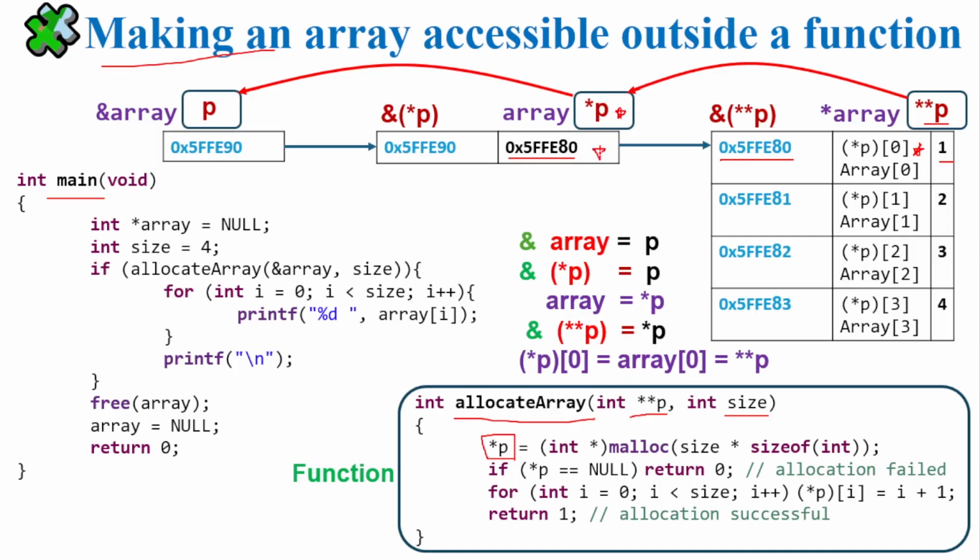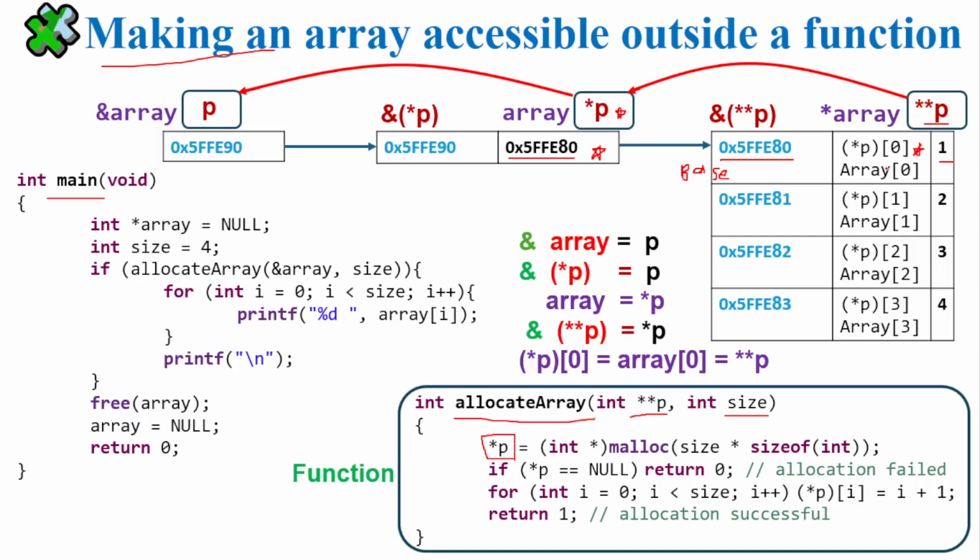Thus, *p equal 5FFE18 represents the base address of the array. And we can access the elements using indexing. For example, (*p)[0], (*p)[1], (*p)[2], (*p)[3] correspond to the first through fourth elements.